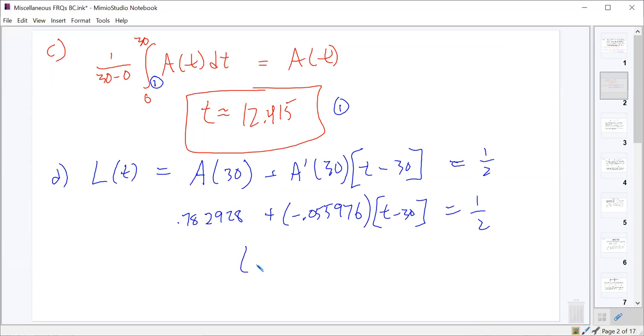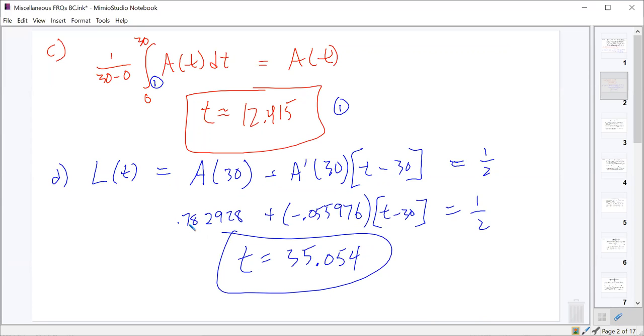It came out to be 35.054. And this one was worth 4 points. You get 2 points if you had this expression for L of t. 1 if you set it equal to 1/2, and 1 if you finally solved it and got the right answer.